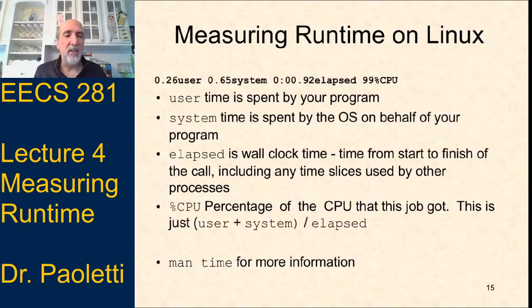So here's, like I said, the user, system, elapsed. The percentage is basically the user plus the system divided by the elapsed. The user time plus the system time might add up to less than the wall clock because you don't get to keep a CPU.